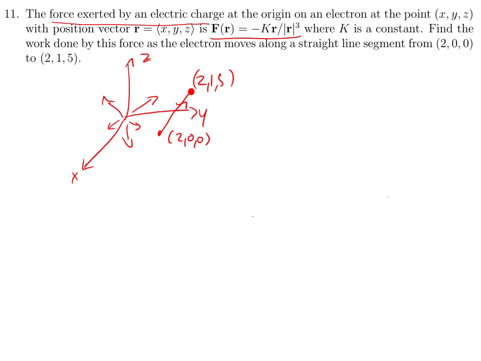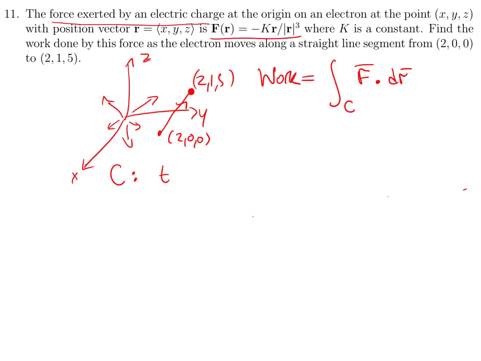Well, first let's turn this into an integral. What's the work done by a vector field on a moving particle? Well, it's just a line integral. And in order to actually compute this, we need to parameterize the curve C. So the curve C is just moving between these 2 points.